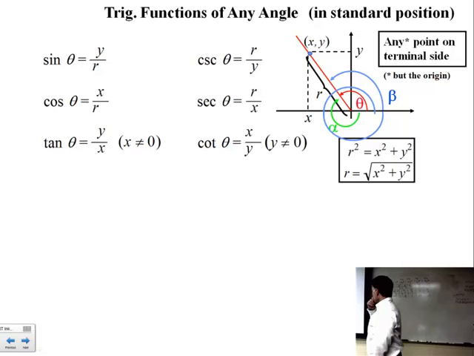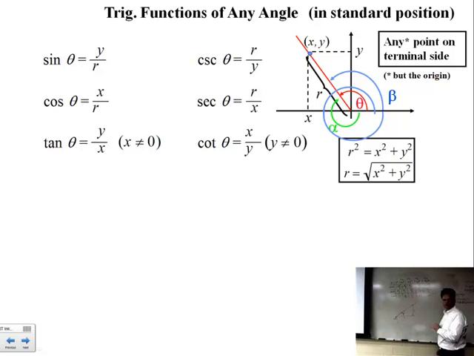So what you could do instead is: here's theta, here's the terminal side. If the adjacent is x and this is y, and that's the origin, 0, 0.